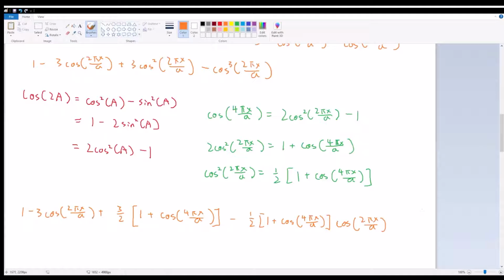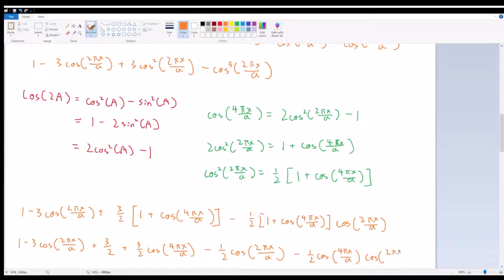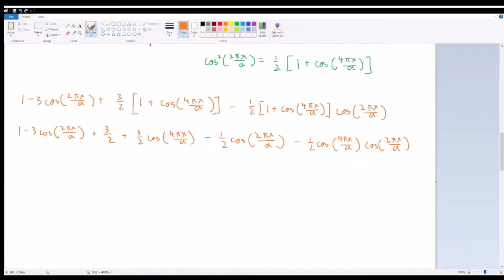And at this point we can distribute out some things. So what we really have is 1 minus 3 cosine 2 pi x over a plus 3/2 cosine 4 pi x over a minus 1/2 cosine 2 pi x over a, minus 1/2 cosine 4 pi x over a cosine 2 pi x over a. And at this point we can add some terms.